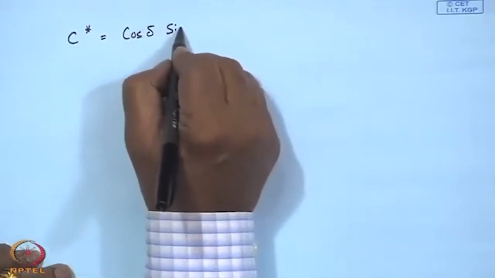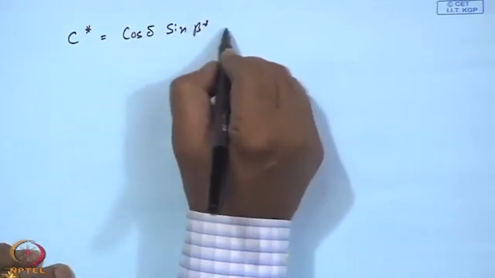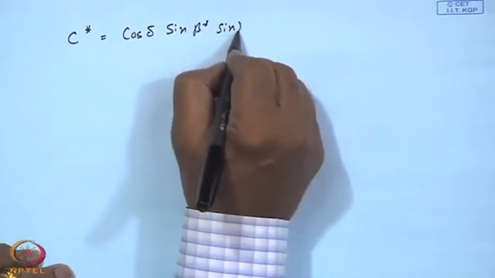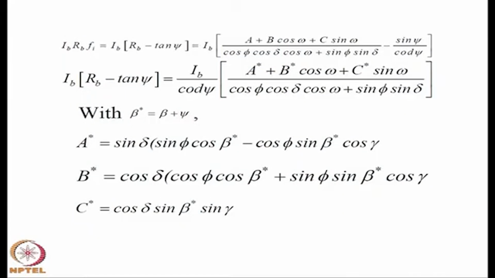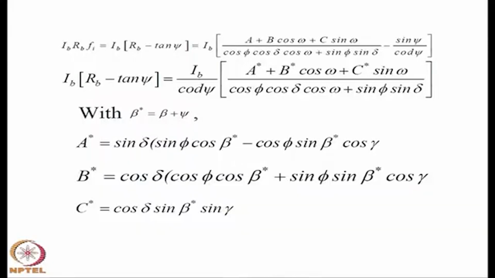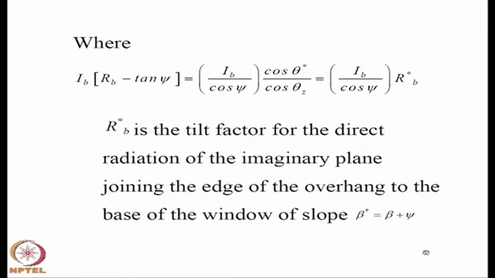You really do not have to calculate all these things, but this shows the basis. I have put it in terms of A star, B star, C star, where your slope is not beta, but beta plus psi. That is the whole idea.